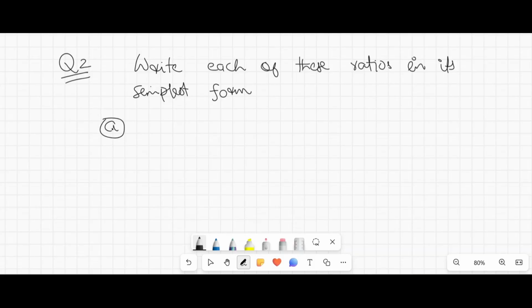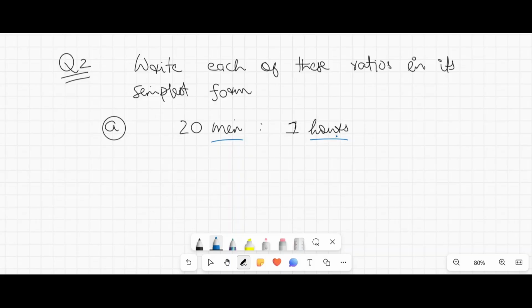So we have part A. This is question number 2 A. This says 20 minutes ratio with 1 hour. So first of all, we will convert the minutes and hours to the same units.